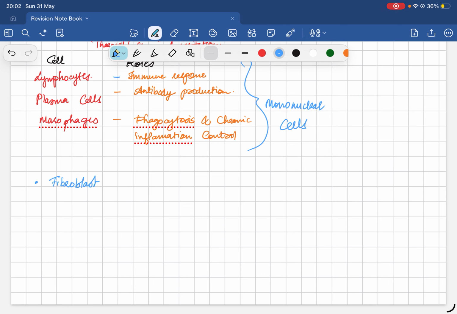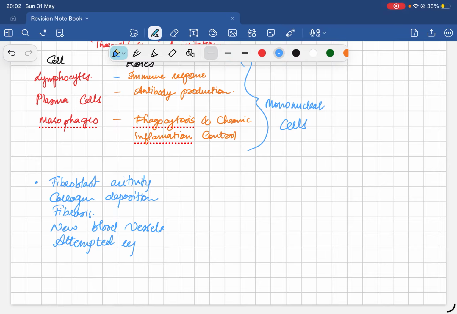Okay. The pulp also shows connective tissue reaction, meaning the presence of fibroblast activity. Fibroblast activity can be seen. Collagen deposition can be seen. Fibrosis will be seen. New blood vessels will be seen, that cause attempt of repair.